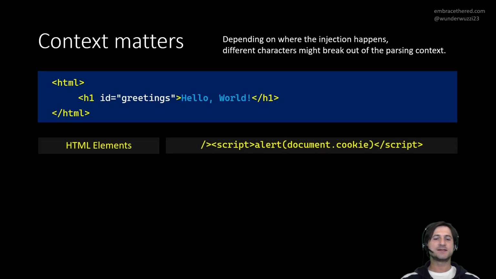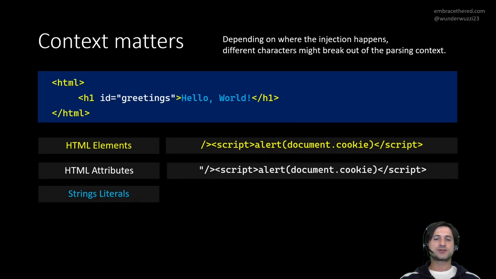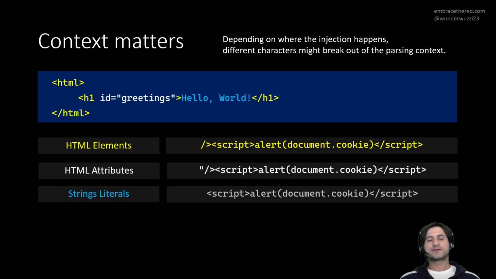There are elements, there are attributes, there are string literals, and all of them have a different context on how they are being introduced in the document. Which means the attacker needs to use slightly different variations of strings to be able to probe for this problem. And you see these variations, for instance.